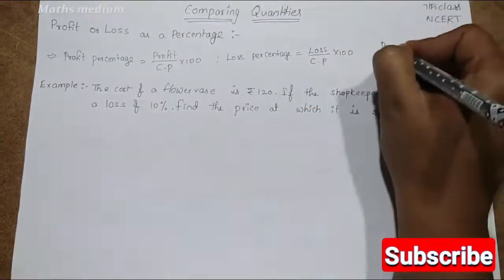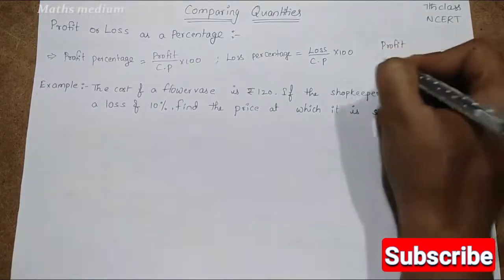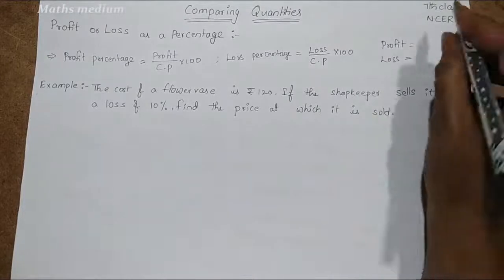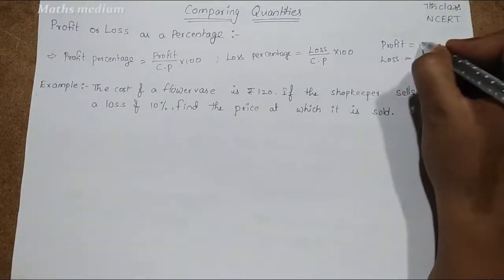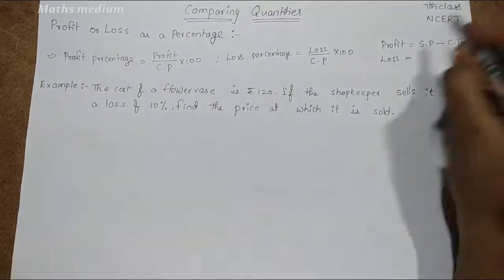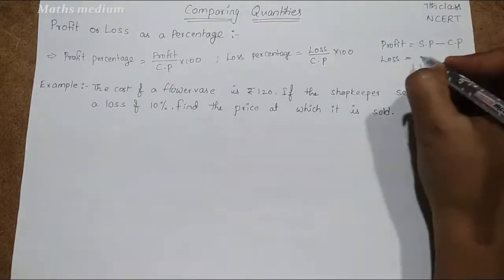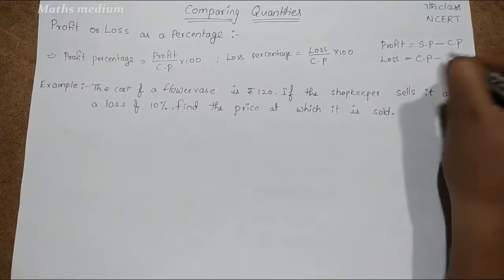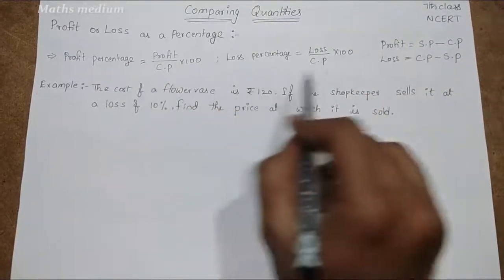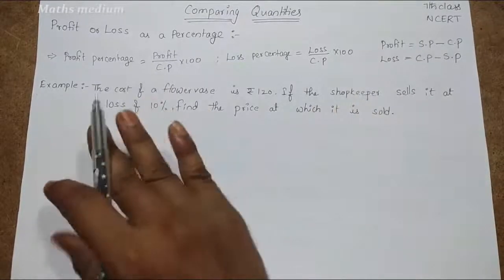Here we know that profit and loss, these two are based on the cost price and selling price. If you get profit, the selling price is more than the cost price, so SP minus CP. For loss, the cost price is greater than the selling price. So by using these formulas we can get any solutions.